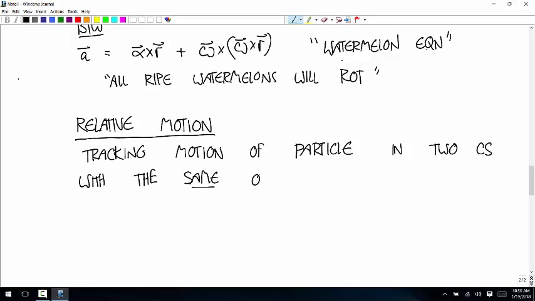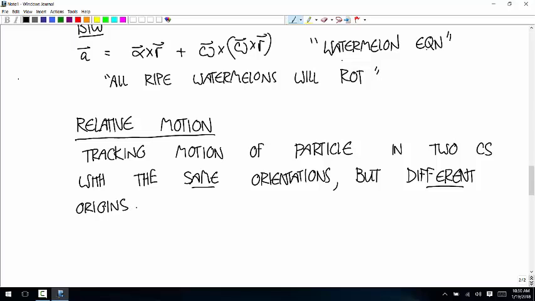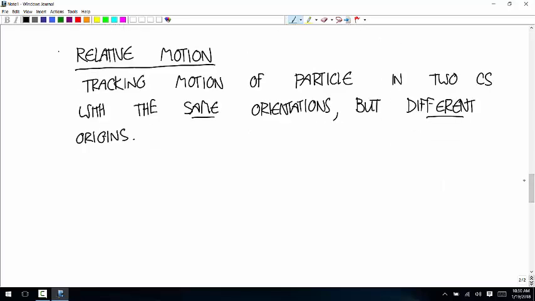Those coordinate systems have the same orientations, but they have different origins. What's the relationship between those two measurements? You get one measurement of the particle's location from one coordinate system and one from the other one.